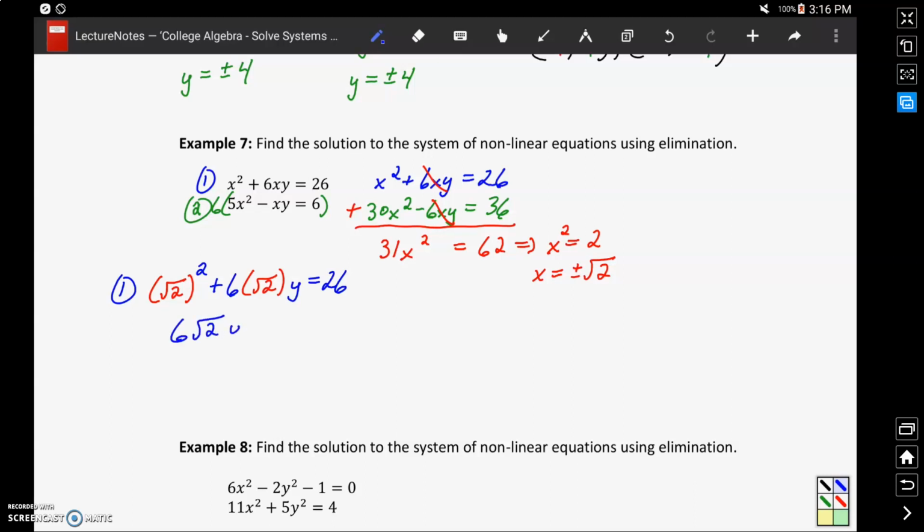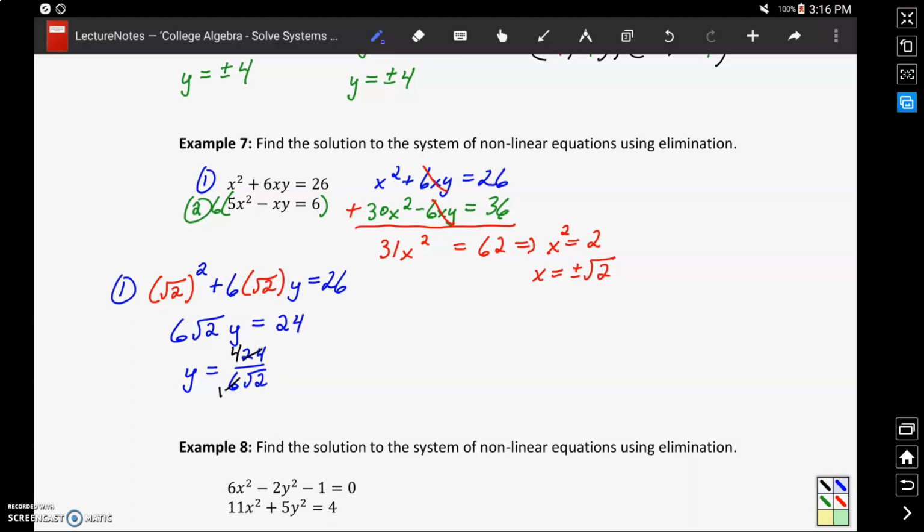This will give us 6 root 2 times y is equal to 24 once we square the square root of 2 and subtract that to the other side. Or y is equal to 24 over 6 times the square root of 2. 24 over 6 will reduce to 4 over 1.